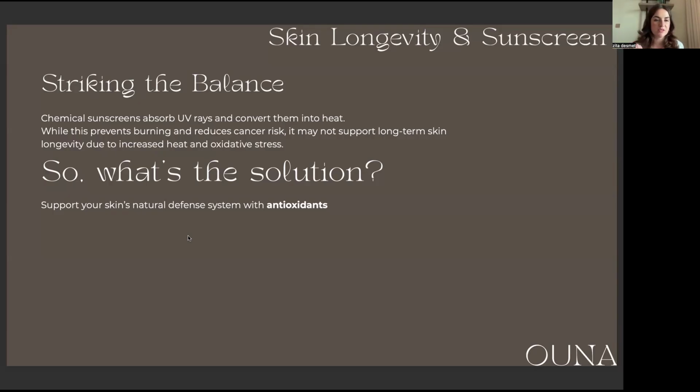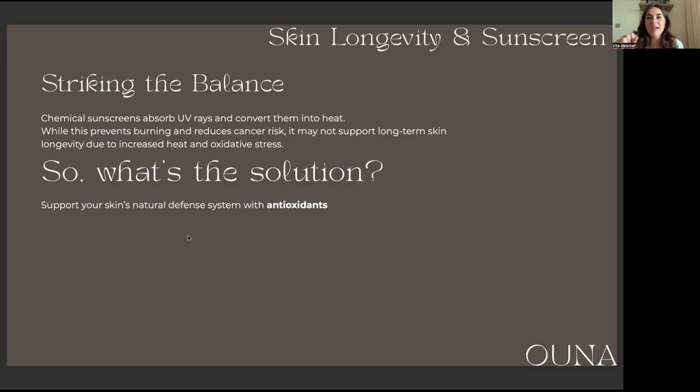As I said, chemical sunscreen absorbs UV rays and converts them into heat. While it prevents us from burning and reduces the risk of cancer, it may not support our long-term skin health goals, as increased heat can create oxidative stress. So what could our solution be? Our solution when it comes to skin health is having a good defense system, and that's with antioxidants.